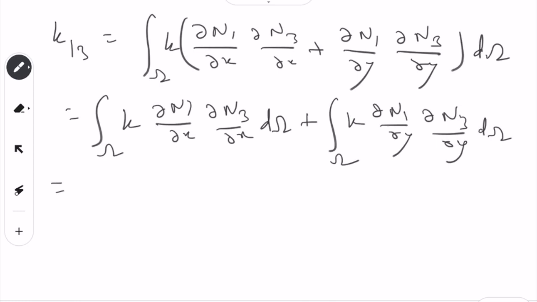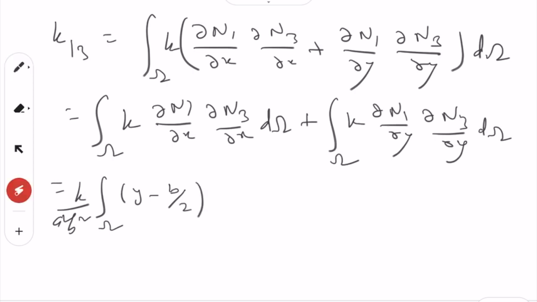Like this is equal to, you can write as K integral over omega and del N1 over del x, so we can write K over A square B square, and del N1 over del x is nothing but 1 over AB, and then N1 has, for y, y minus b over 2, and the N3 term will have y plus b over 2.